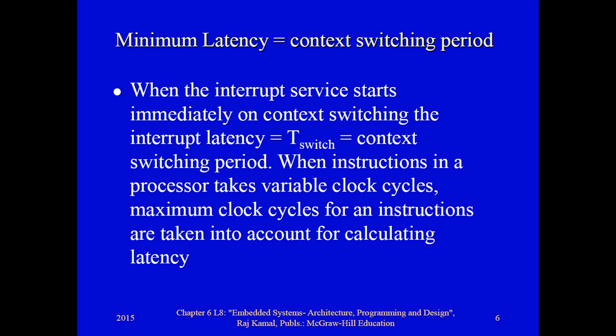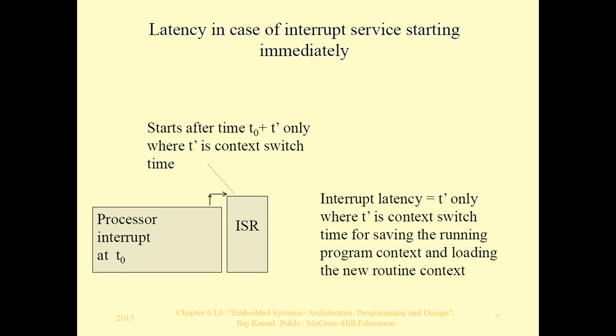So when multiple instructions are running inside the clock cycles, the maximum clock cycle for the instruction should be accounted for calculating the latency. So this is how the latency is in case of interrupt service starting immediately.